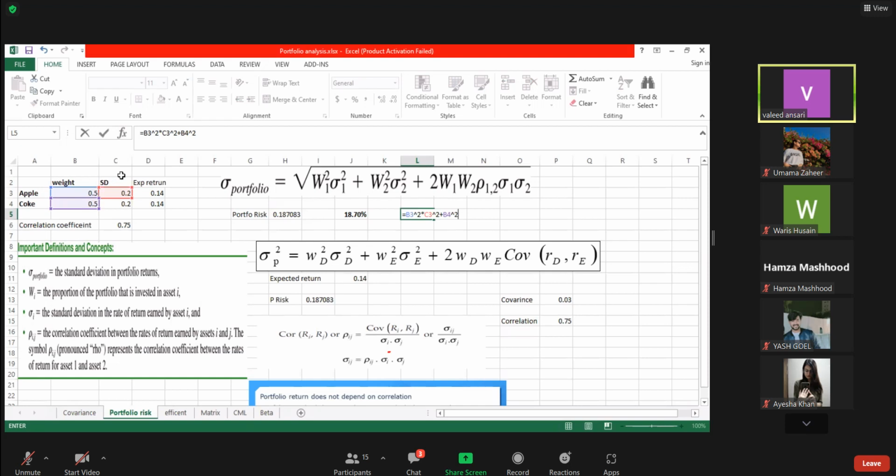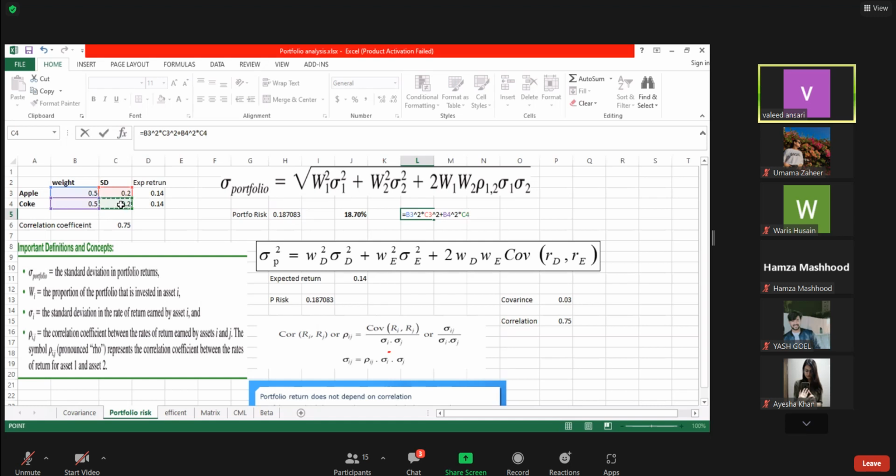just 1 minute, please. We multiply by the weight which is there.